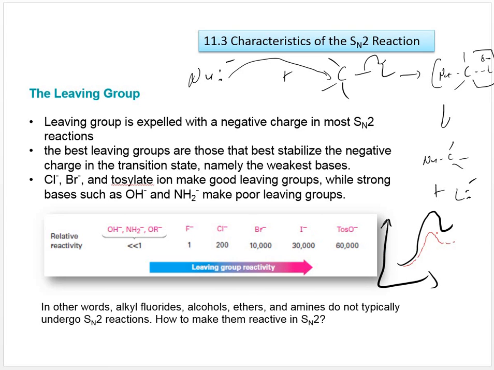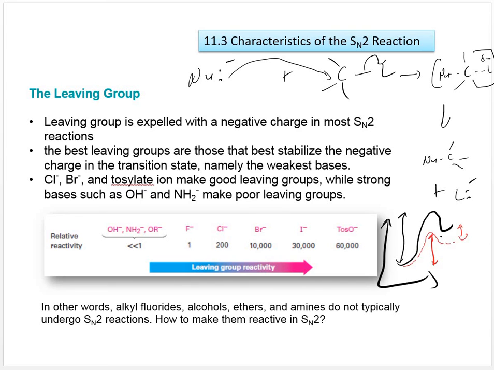So why is that the case? As you see, the reactants have almost the same energy, but the rate depends on the activation energy, right? The good leaving groups have lower activation energy. The reactions with bad leaving groups have higher activation energy.